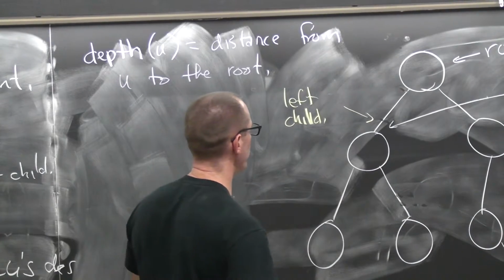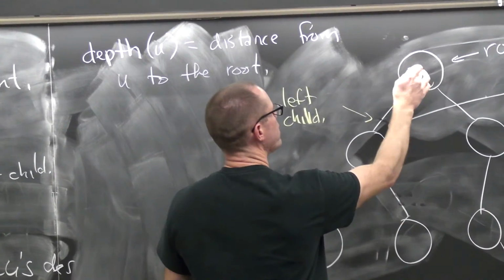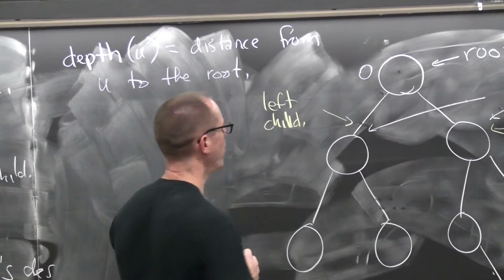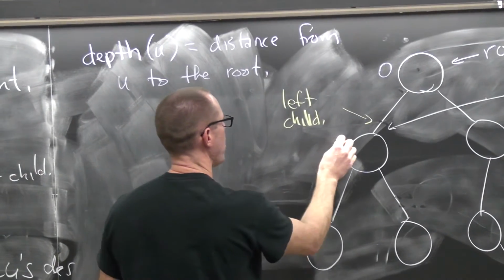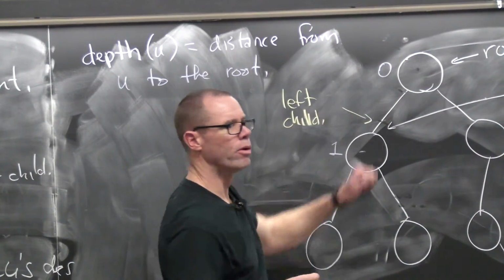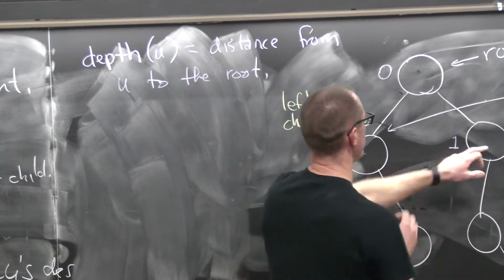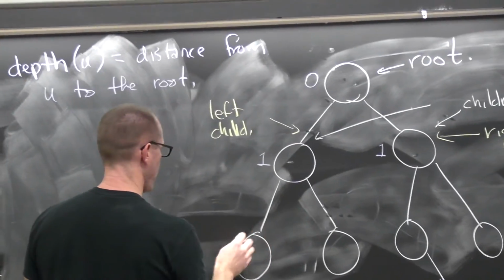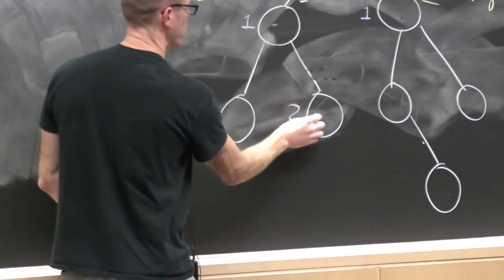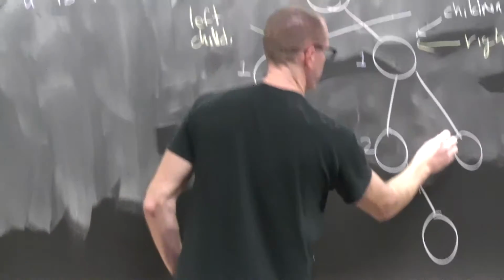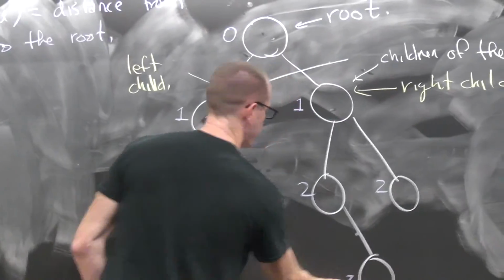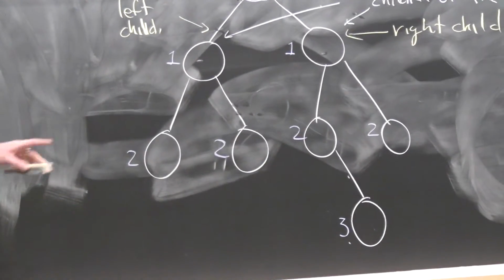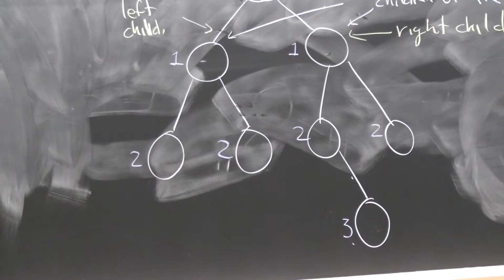So for example, the root itself has depth 0. This node has depth 1. It's one step away from the root. This node has depth 1. And all these nodes here have depth 2. They're 2 steps away from the root. And this one has depth 3. It's 3 steps away from the root.